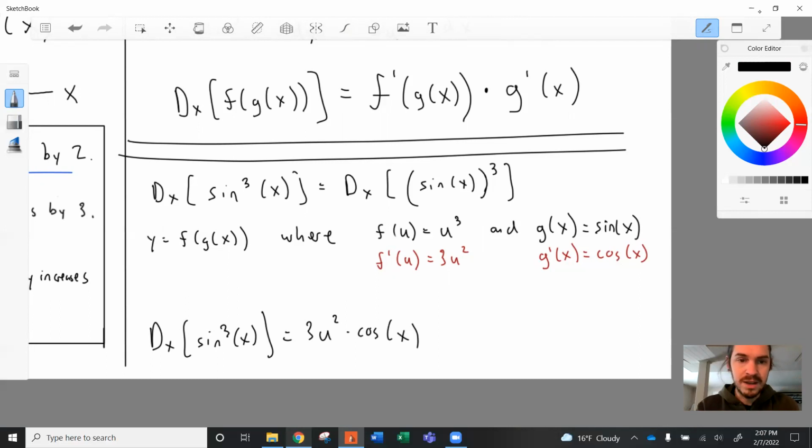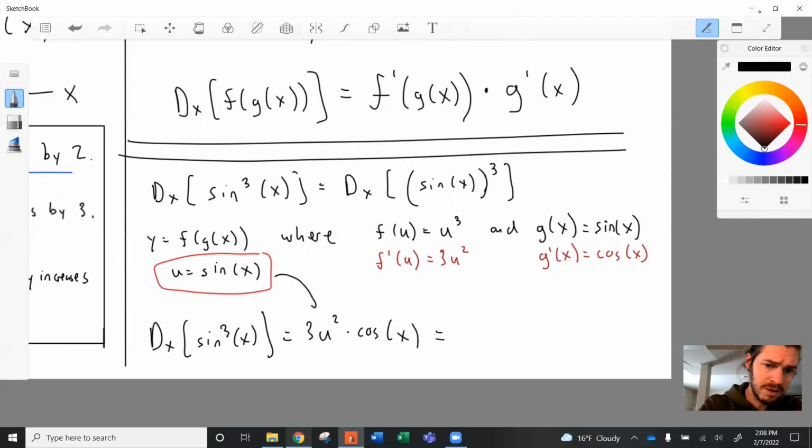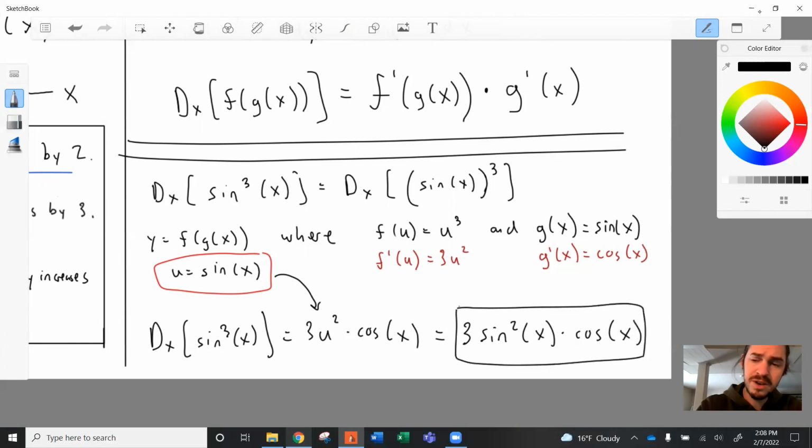Along the way, we defined a u variable. u equals sine of x is what we're basing this on, right? So we're going to substitute back in the sine of x for u right there, giving us 3 times sine squared of x times cosine of x. And that is our derivative obtained using the chain rule.